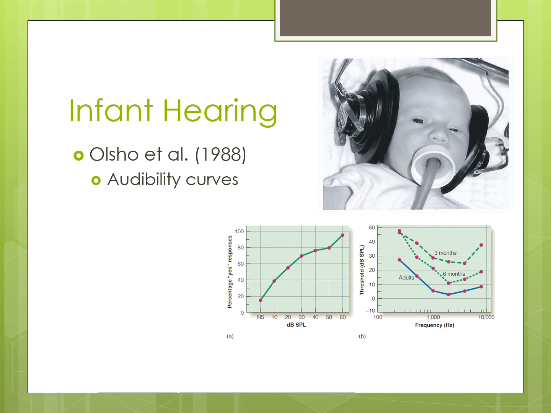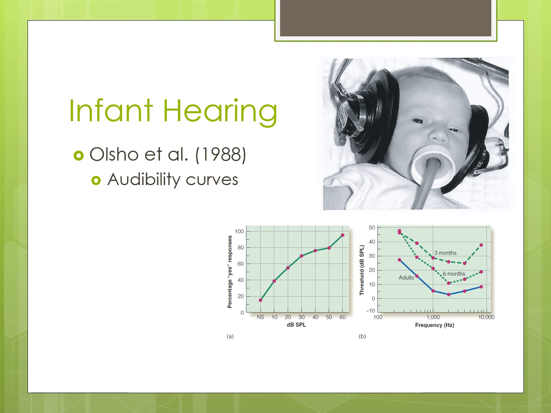In the left-hand graph in A, they're giving the percentage of yes responses where the infant appears to be hearing some particular sound. And you can see that they have a curve even if there's no sound, so we're going from no sound to 10 decibels to 20 decibels and so forth.